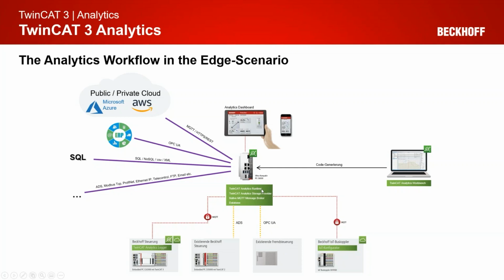These software packages are the analytics runtime, the TwinCAT Analytics Storage Provider and the database, and the MQTT message broker. And so we can communicate the data from the analytics logger via MQTT to the message broker.